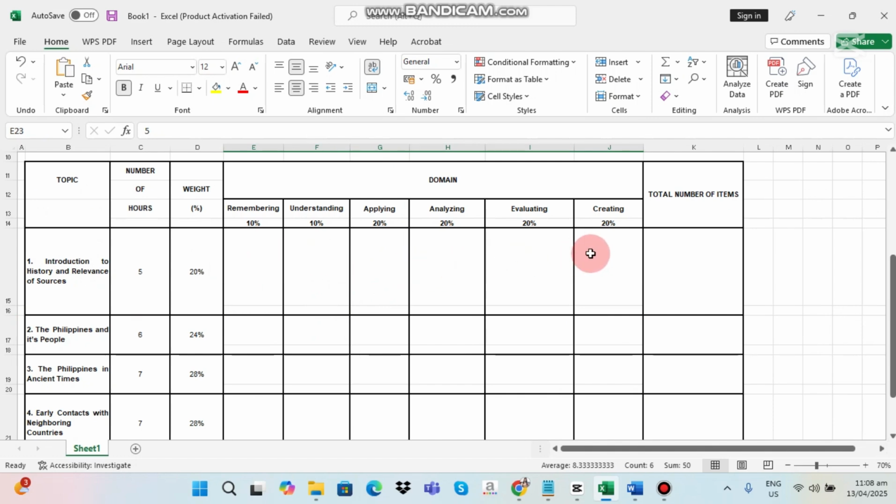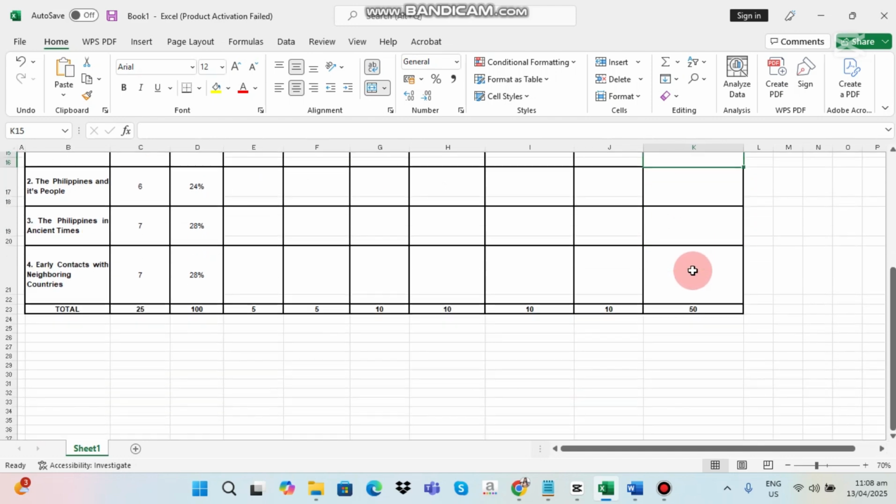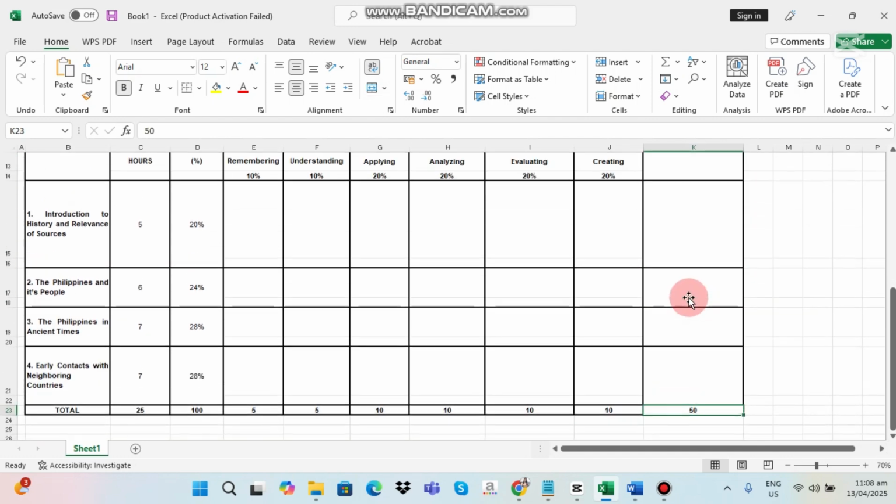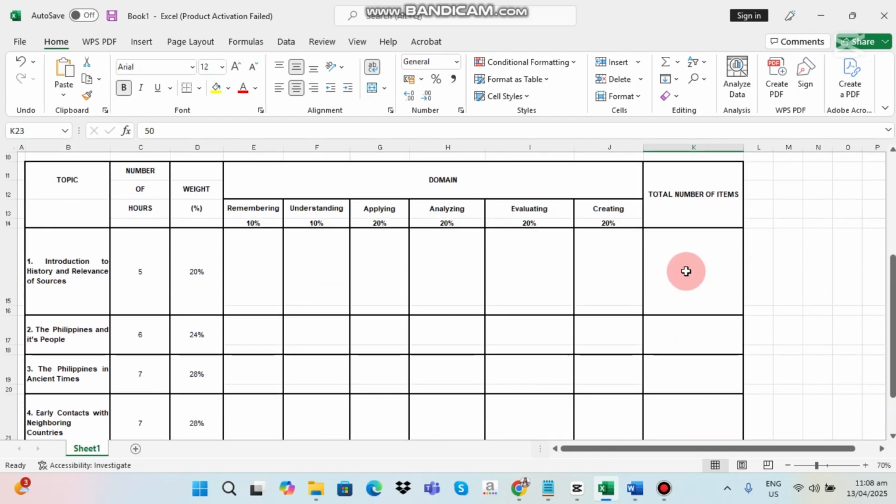So for now, since we already have our numbers for number of hours and weight percentage, let's calculate the total number of items. Since we have 50 here, how are we going to get the exact number for this column?